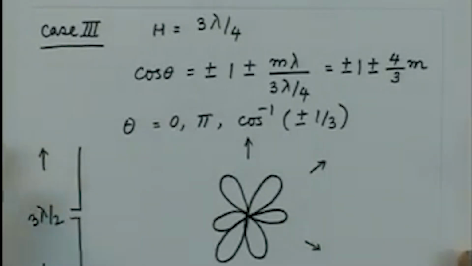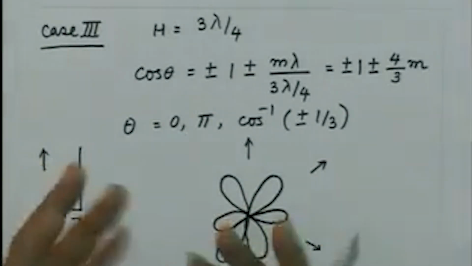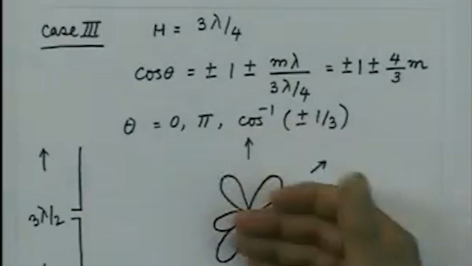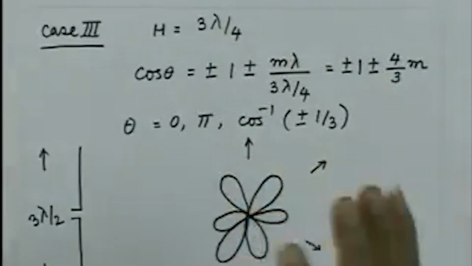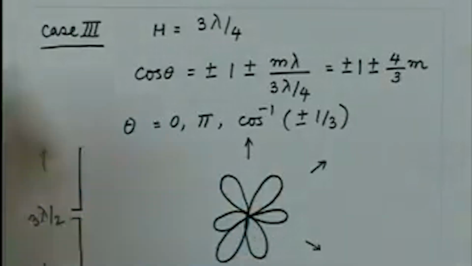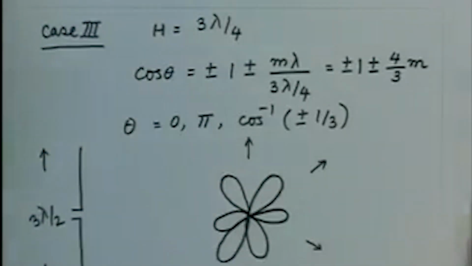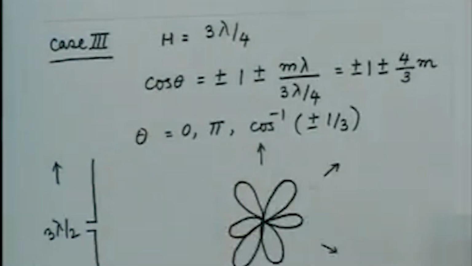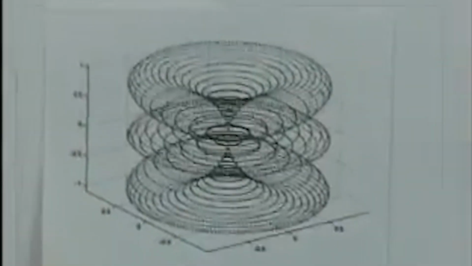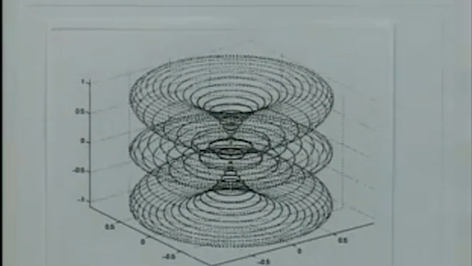As we saw earlier, the radiation pattern is a 3-dimensional figure, and what we are seeing is a section of it. If I revolve this around the axis of the dipole, the radiation pattern would look like that.